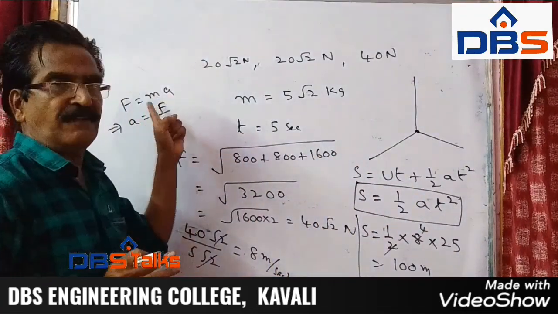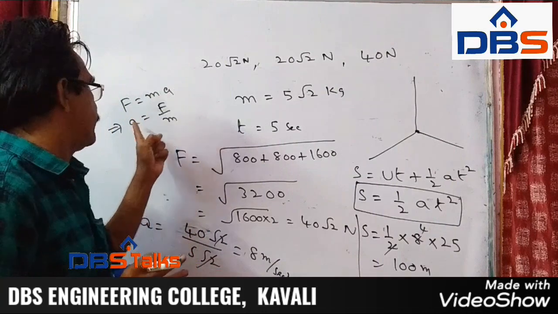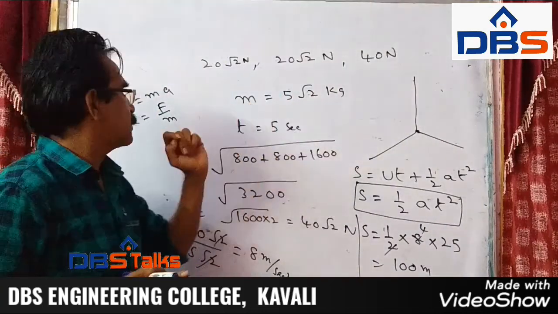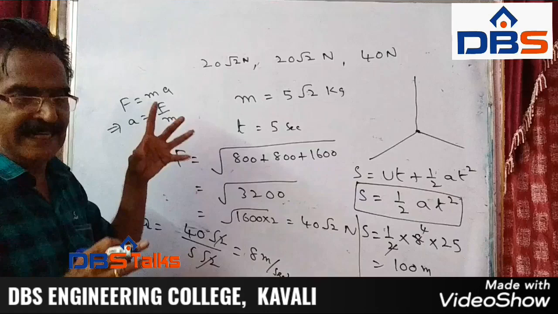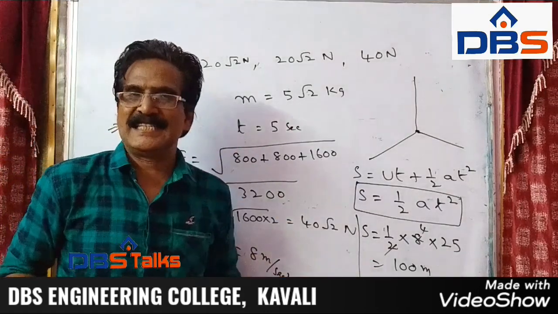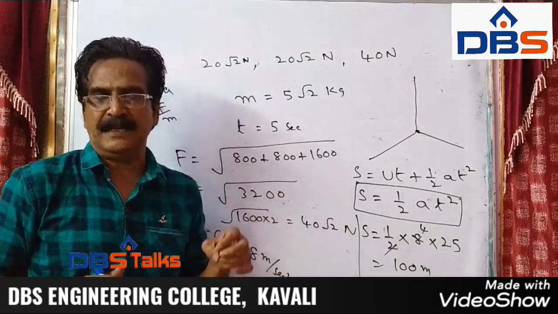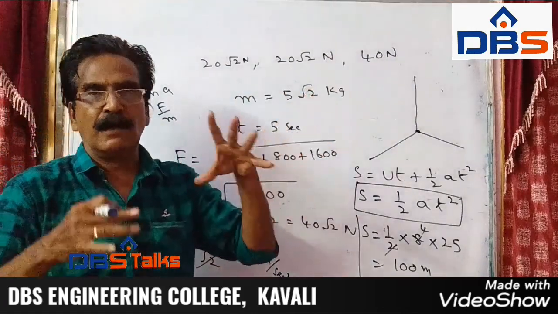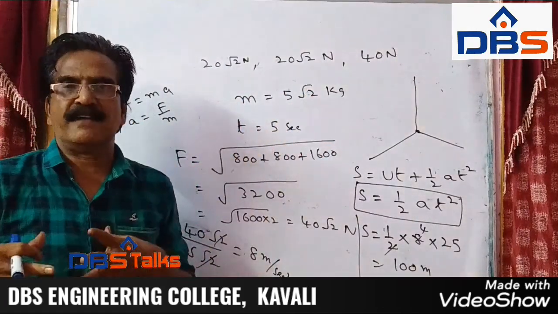According to F is equal to MA, A is equal to F by M. M is known. So we have to find the net force applied on that body. These three are perpendicular axes, x-axis, y-axis, z-axis.